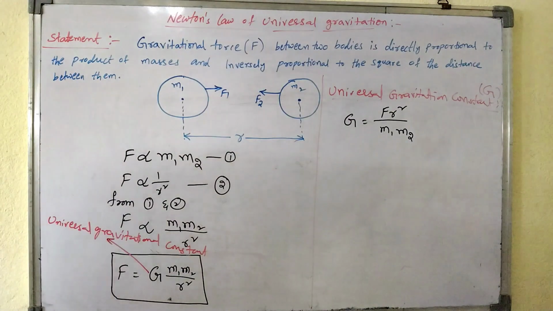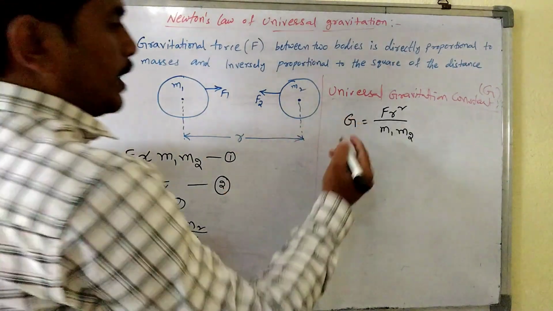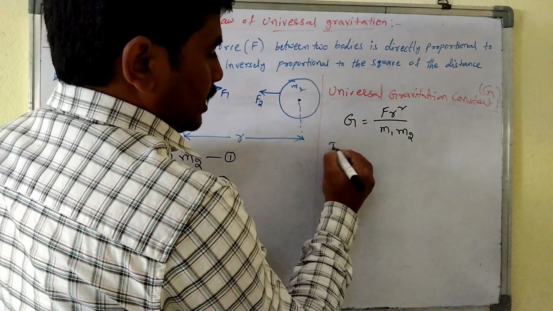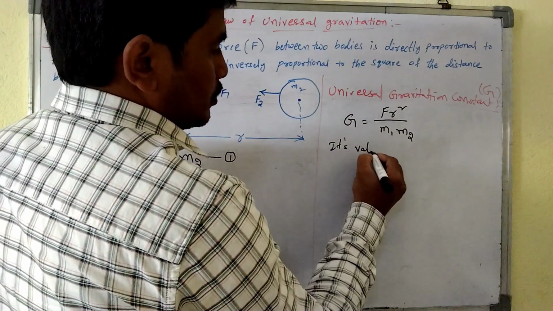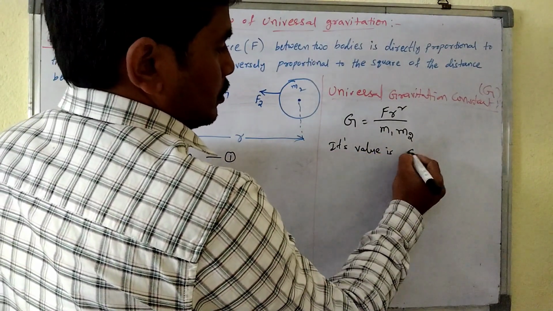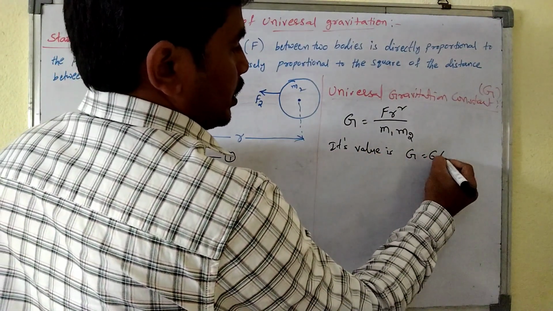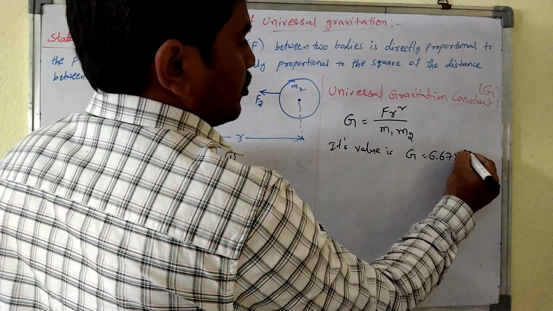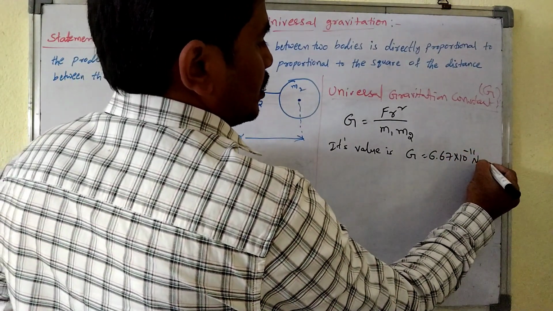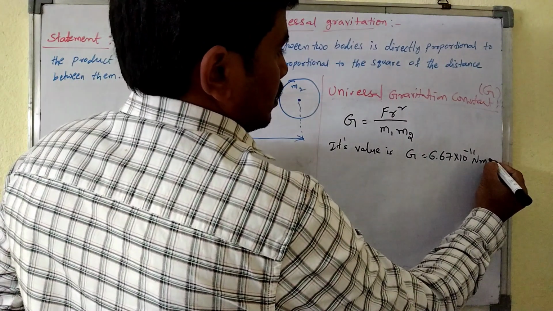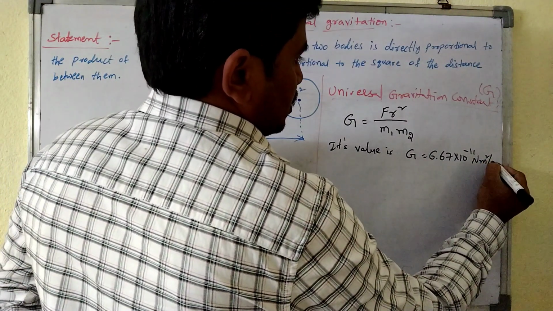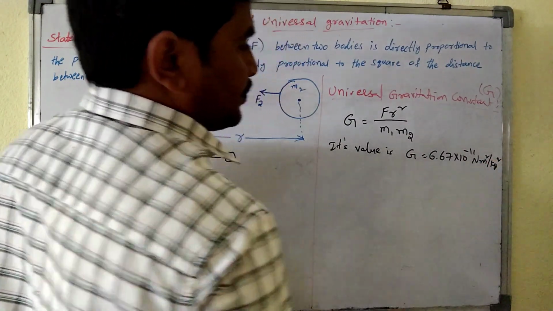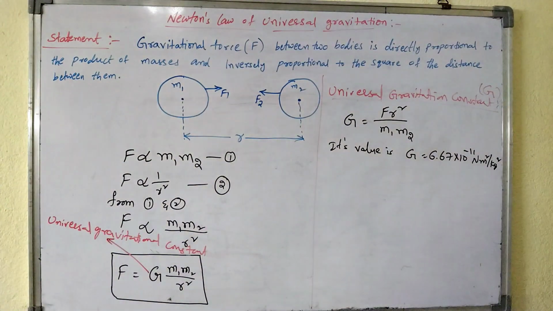And the value of the universal gravitational constant G is 6.67 into 10 power of minus 11 Newton meter square per kg square.